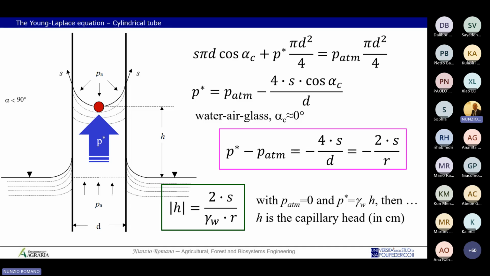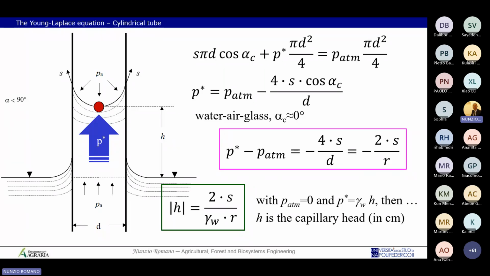So the surface tension and the cohesive forces are stronger than the atmospheric pressure, so there is a rise of the water into the capillary. Paolo, help me understand if I make the right comment.